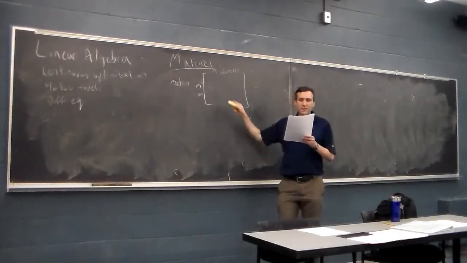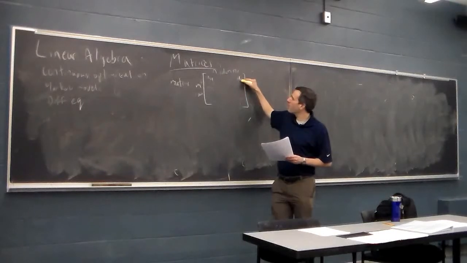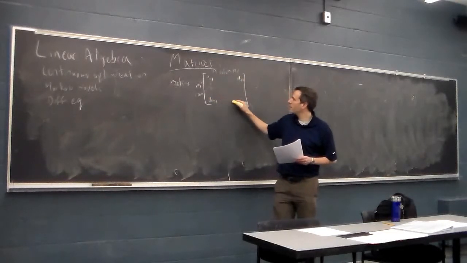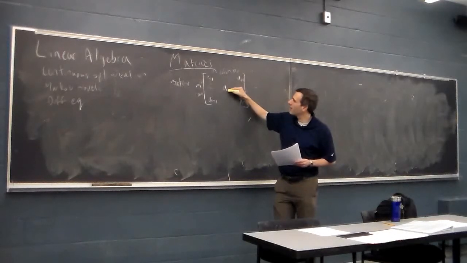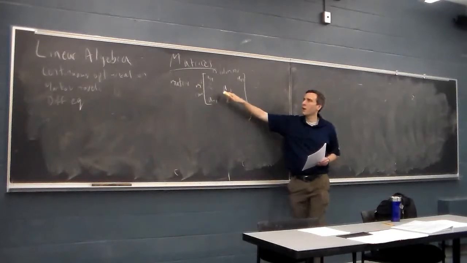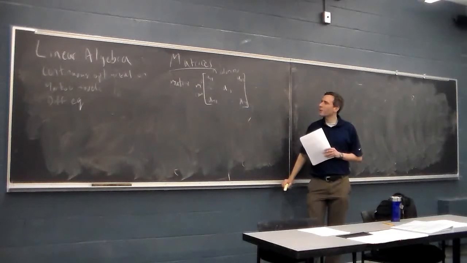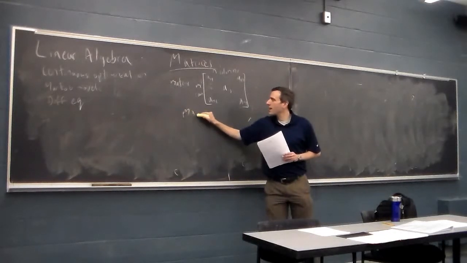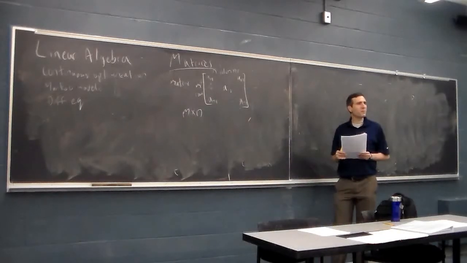And then it would have a set of elements running, for example, A11 through A1n, A11 through Am1, and through Amn, or in general, we would have an element Aij in some arbitrary row i and column j. So that would be more or less how we would write a matrix, and we would refer to this commonly as an m by n matrix. Okay, so is everyone with me so far?